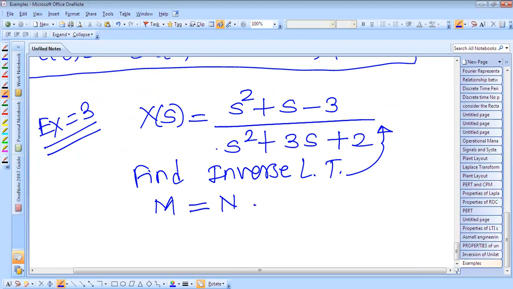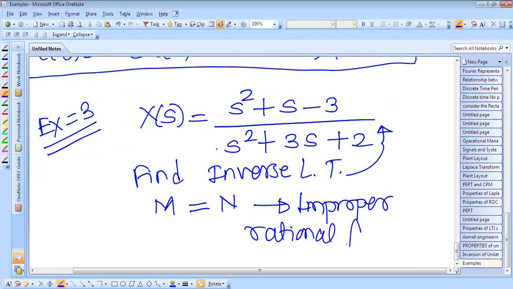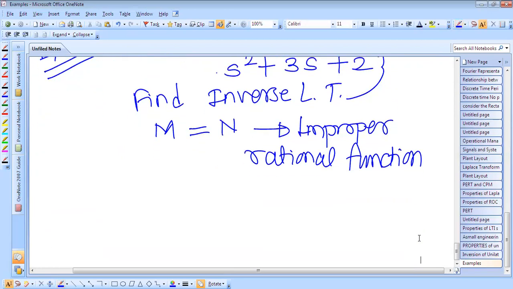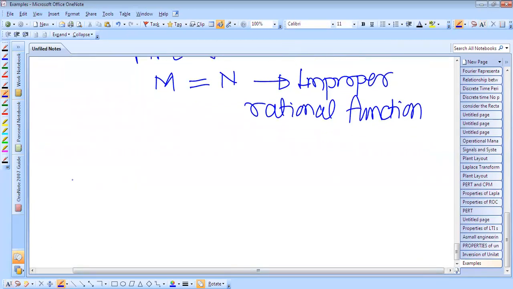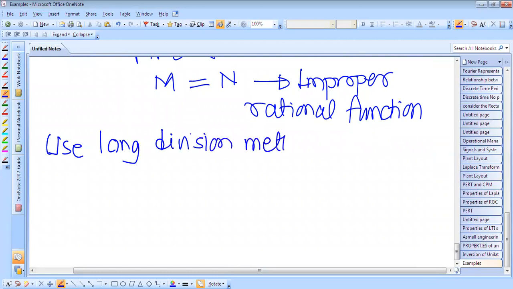Therefore m is equal to n, and it is an improper rational function, and therefore we have to use the long division method, as the sum of a proper rational function and a polynomial in s.